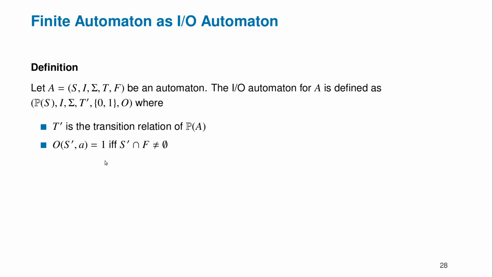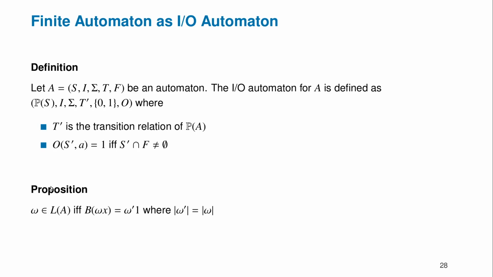And this means if we have a finite automaton, we do the power automaton, and then we take this power automaton and relabel the edges, and we put /0 on all edges which are outgoing from non-final states, and we put /1 on all edges which are outgoing from final states. And we will see in a second an example.